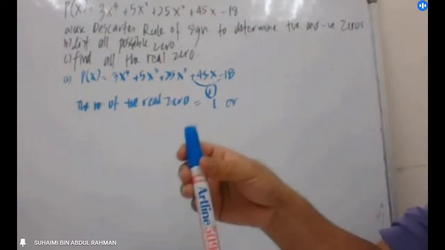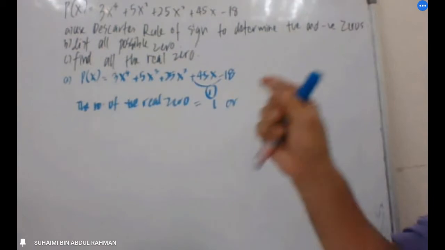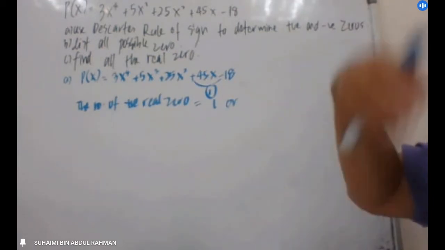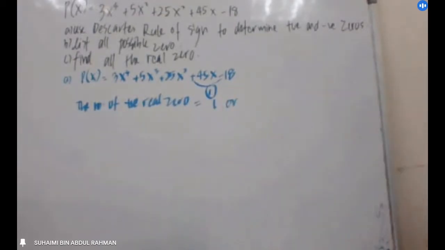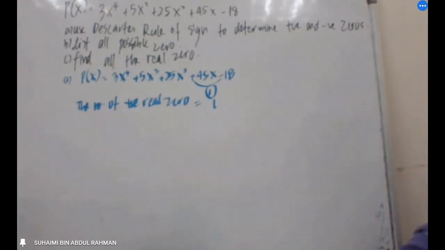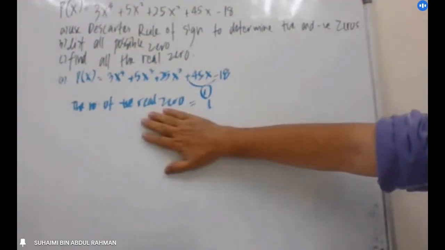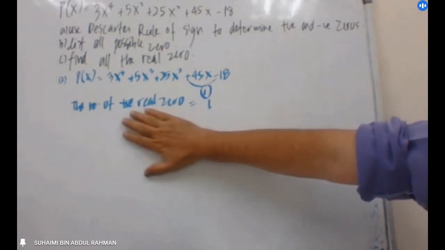Therefore, we don't take minus 1. Also, 1 minus another even integer, 4, gives minus 3, definitely negative as well. Therefore, you cannot subtract an even integer, so it's only number 1, only 1 positive real zero.